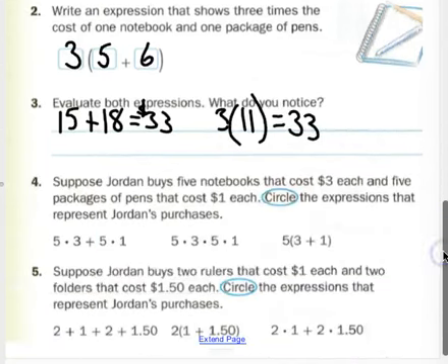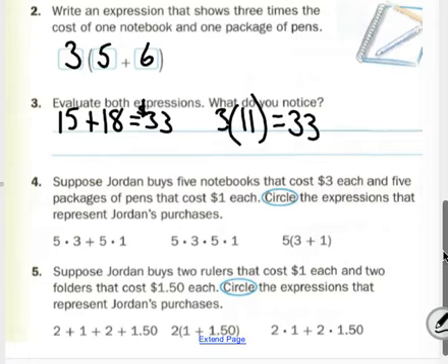All right, so number 4 says suppose Jordan buys 5 notebooks that cost $3 each and 5 packages of pens that cost $1 each. So he gets cheap pens. We're going to circle the expression that represents Jordan's purchase. All right, so this one would be 5 times 3. So the notebooks cost 3.